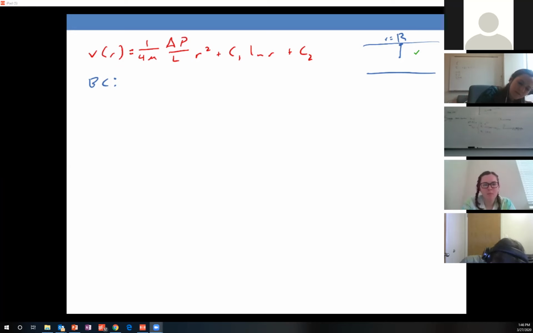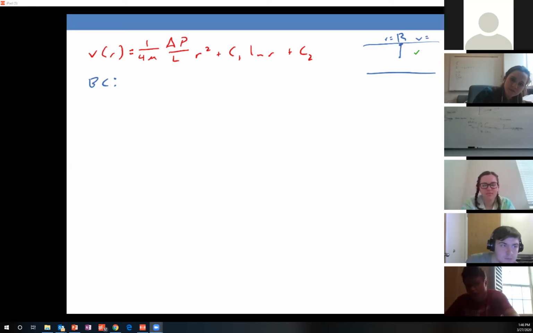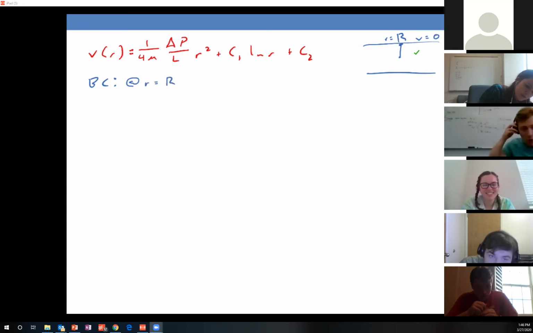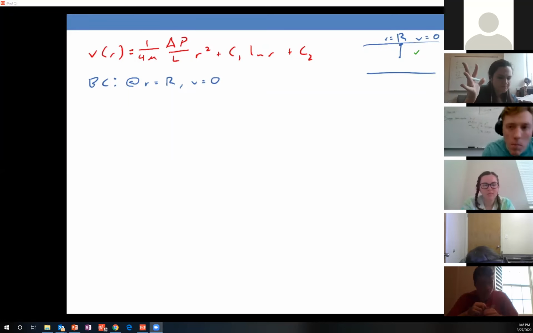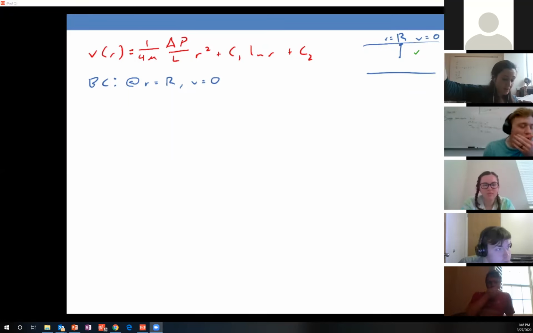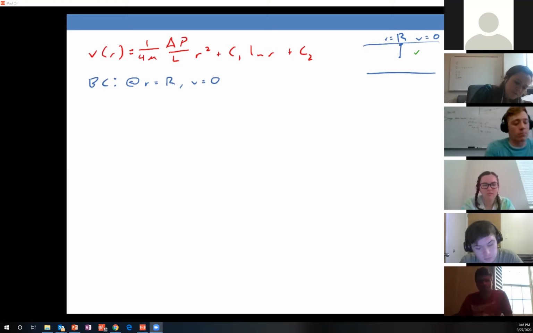And what does the velocity equal there? 0. Okay, so that's going to be our first boundary condition. At R is equal to big R, V is equal to 0. And our second boundary condition, so, okay, R equals big R, that's an obvious one. R equals 0 is another one.